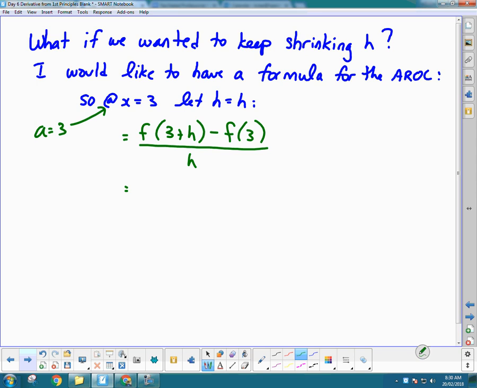So instead of plugging in 3.1 into the equation, we're going to plug in 3 plus h. So it's still going to be 19, except it's going to be 3 plus h squared. That's what happens when you plug in 3 plus h. This part's going to end up being the same because we're still plugging in 3.